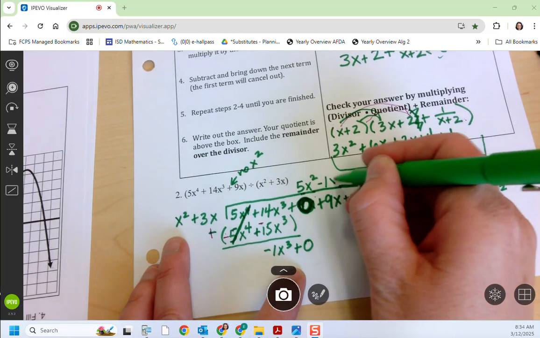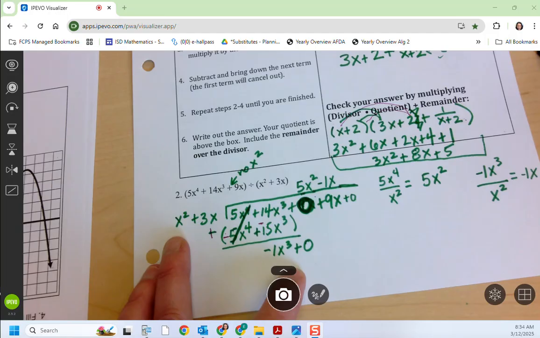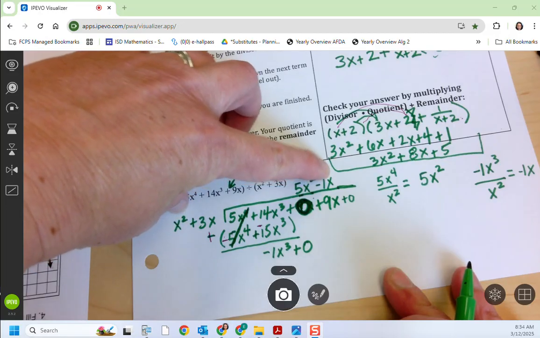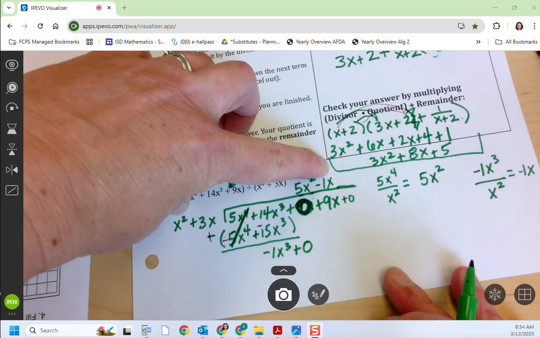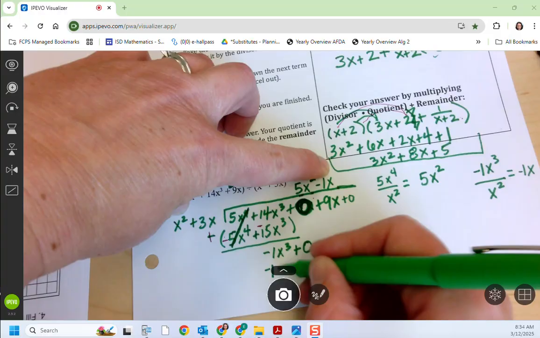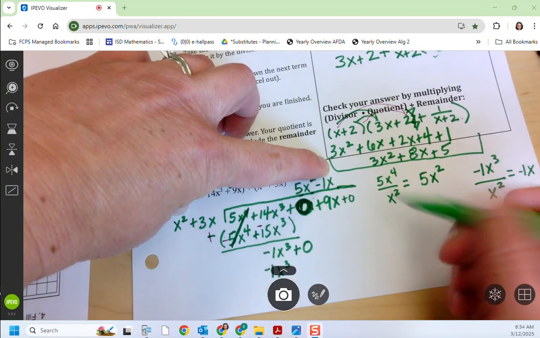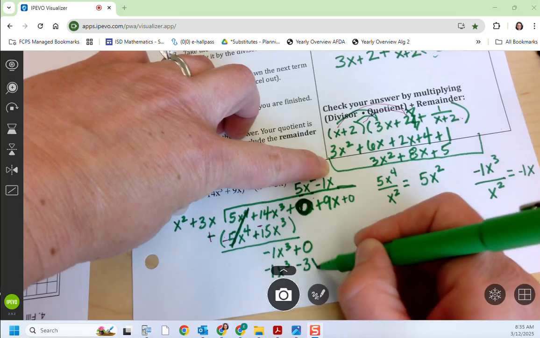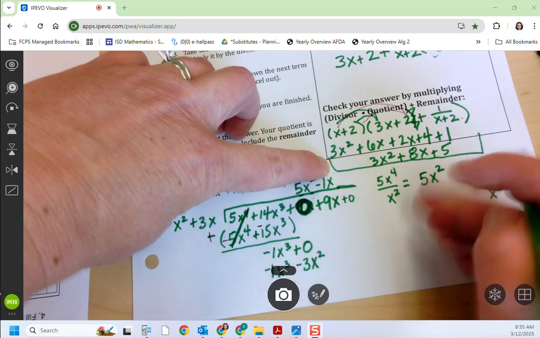Negative 1x. And then I'm going to multiply negative 1x times each of these. So negative 1x times x squared is negative 1x to the 3. And then negative 1x times 3x is negative 3x squared.